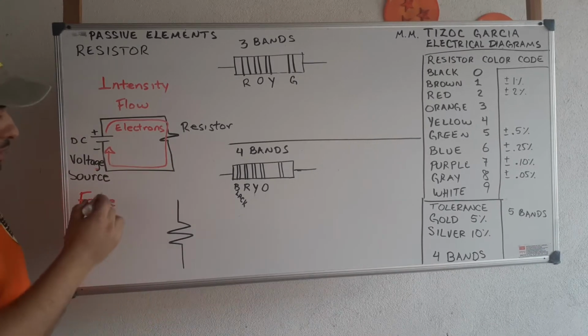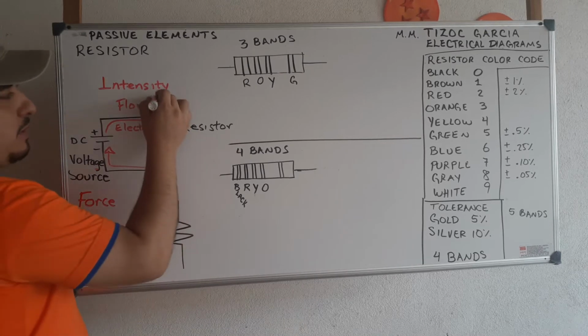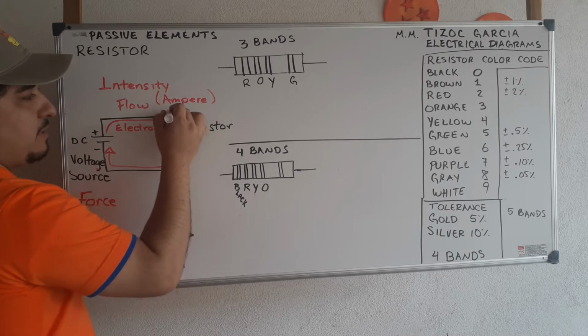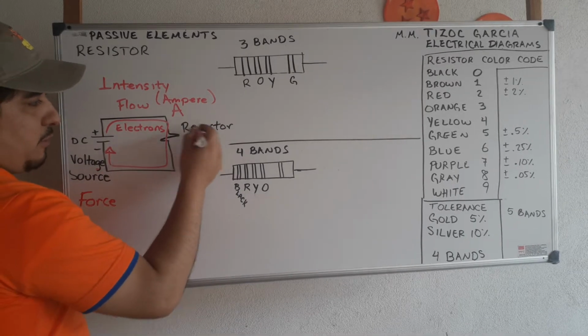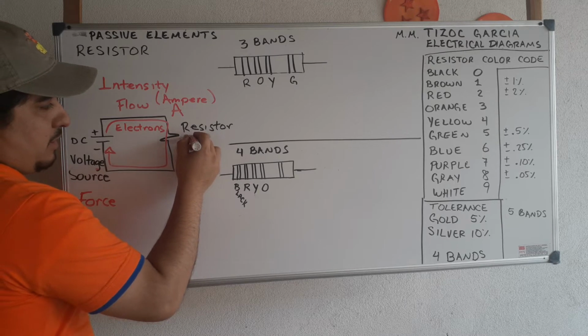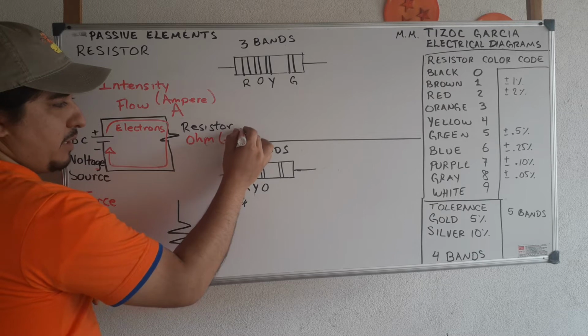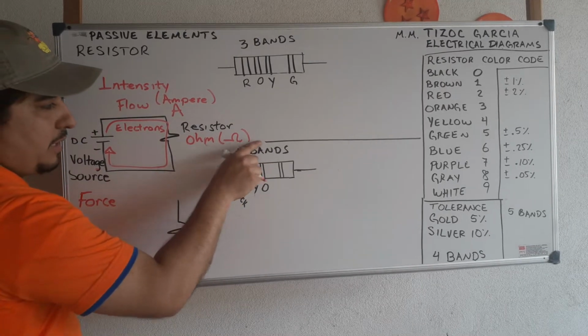Now, there are three units of measure. For this one, it is the ampere, and it is represented by an A. For the resistor, the unit of measure is the ohm, and we represent it with the Greek letter omega.